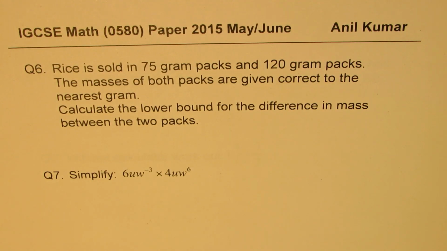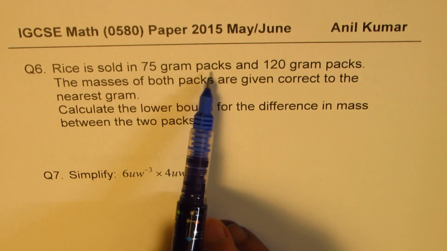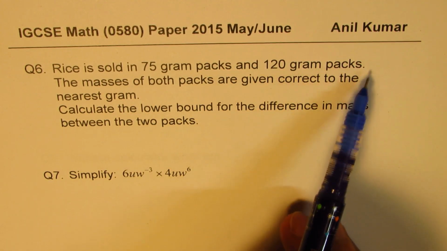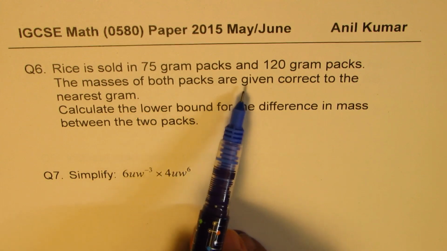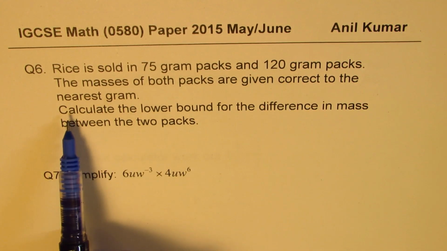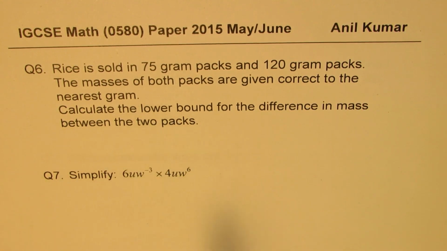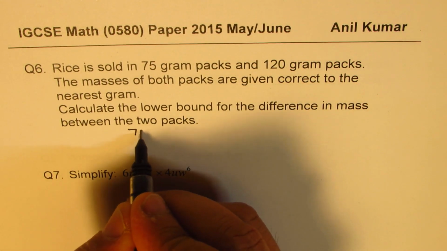Question number 6 here is, rice is sold in 75-gram packs and 120-gram packs. The masses of both packs are given correct to the nearest gram, 75 and 120. Calculate the lower bound for the difference in mass between the two packs. So when we write 75, what does it mean?